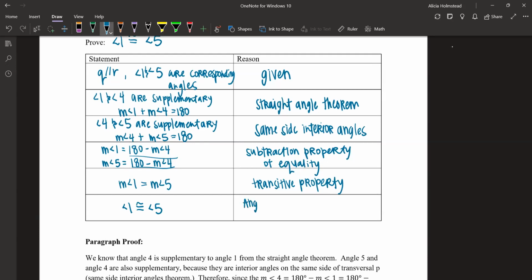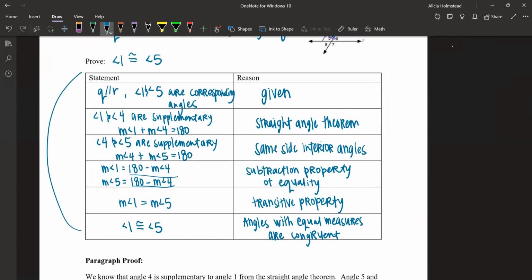So angles with equal measures are congruent. And that is in fact what we were trying to prove. So we know that we are done.